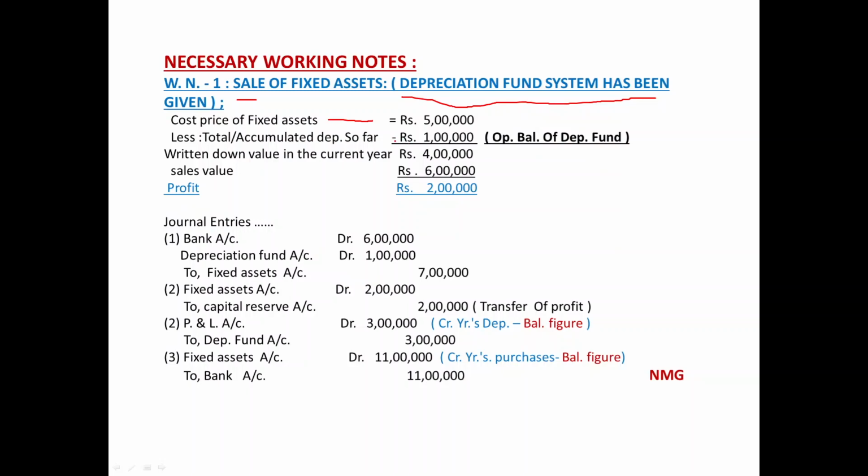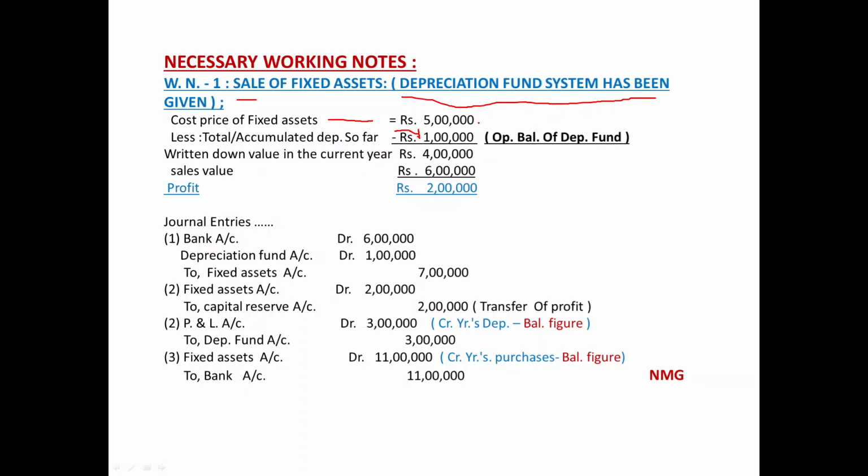You know, these assets have been sold in the beginning of the year. So the total accumulated depreciation is lying in the form of the provision for depreciation account, 1 lakh rupees. This is the total depreciation on this fixed asset lying in the form of the opening balance of provision for depreciation.